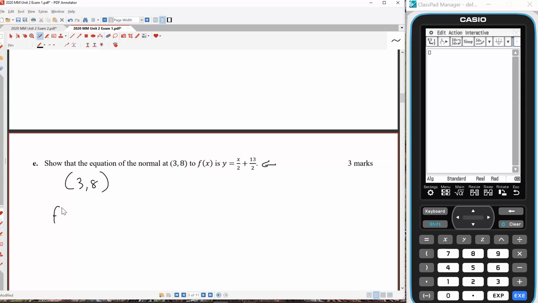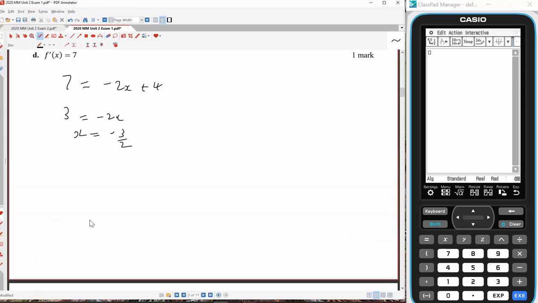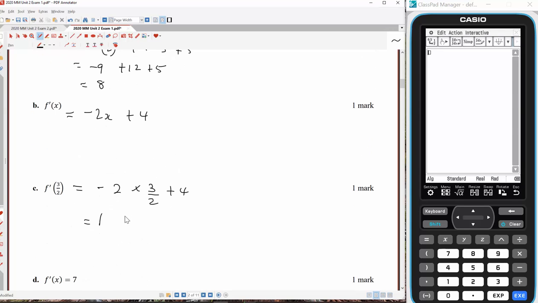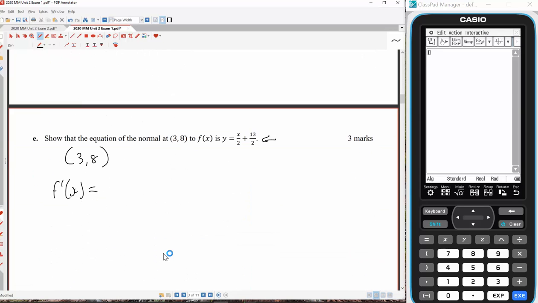We need to use f dash x, which is negative 2x plus 4, and find the gradient of the tangent at x equals 3. So f dash 3 is equal to negative 6 plus 4 equals negative 2. So m tangent is equal to negative 2. That means m normal is equal to the negative reciprocal of this, which is going to be a half.